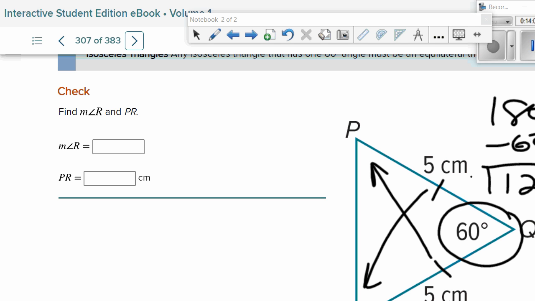Well, I have to divide that by 2. That means that these are going to be 60 degrees also, which tells me that this has to be 5 centimeters too. Not rocket science stuff we kind of talked about, just making it a formality now, but let's not overthink that one.